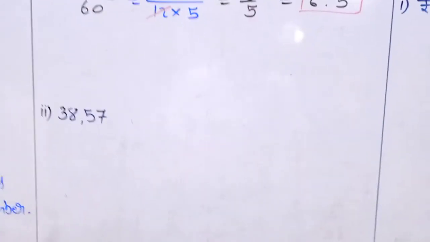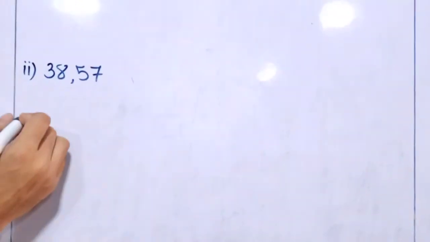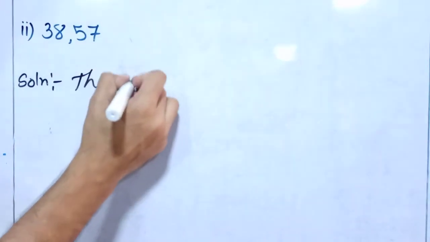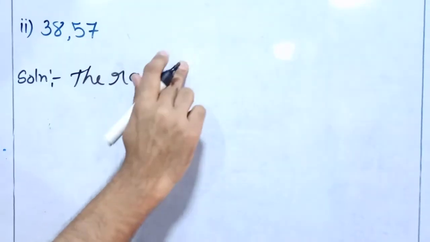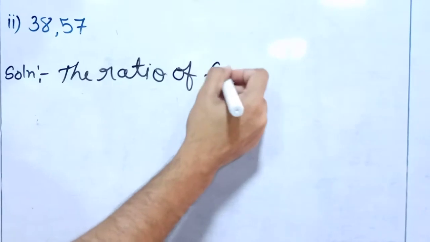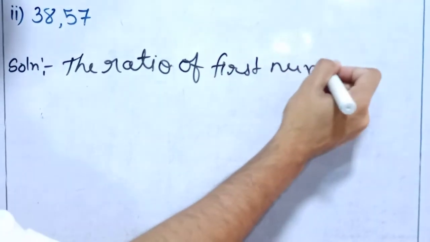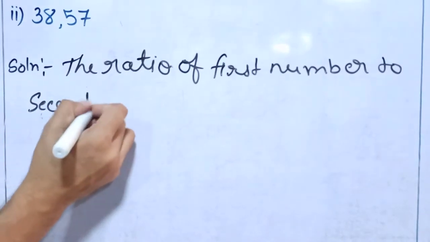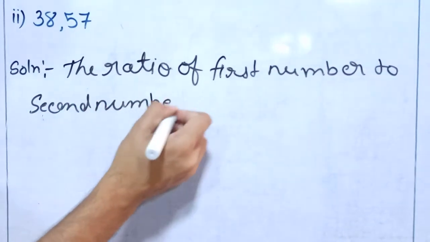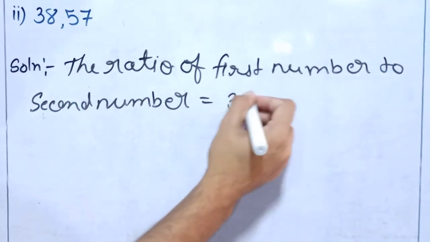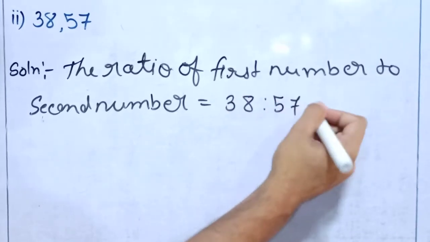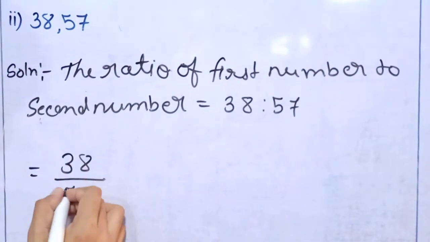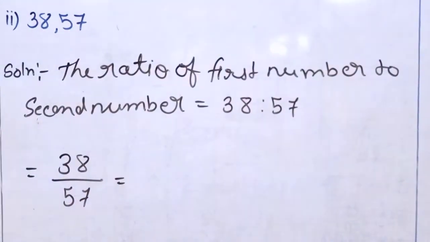Here also we have 38 and 57. Let's start the same way. The ratio of the first number to the second number is equal to 38 is to 57. We can write it in fraction form as 38 upon 57.